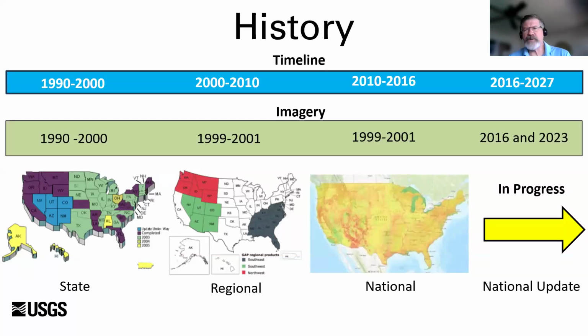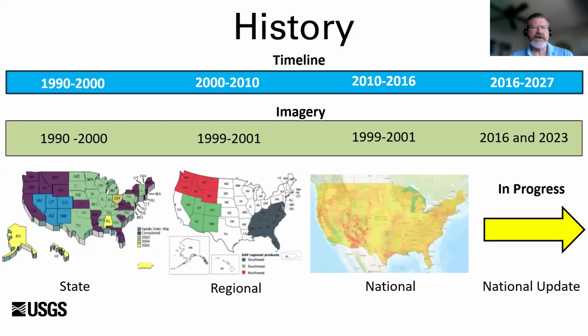The history of the gap analysis program dates back to the early 1990s. Between 1990 and 2000 and a little later, all these gap projects were state-based projects. Every state did it a little differently, and as we tried to put those together, we noticed that things were different across those state boundaries. So technology helped us start looking at regional perspectives.